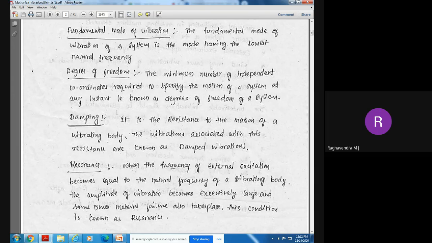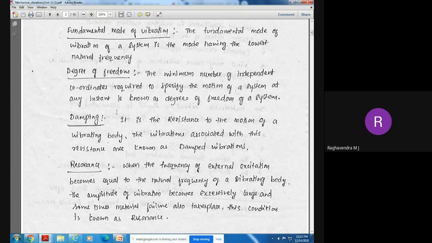Next, resonance. What is resonance? How does this resonance occur? What happens when the resonance occurs? Whenever the frequency of external excitation or external force becomes equal to the natural frequency of a vibrating body, that is known as resonance.